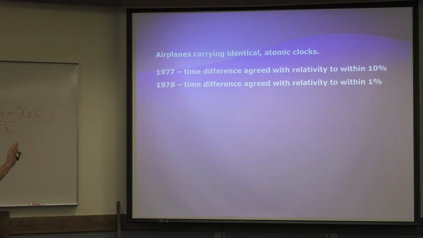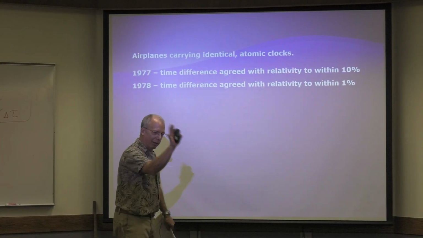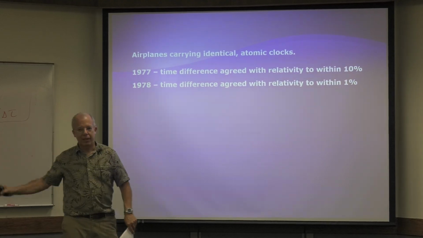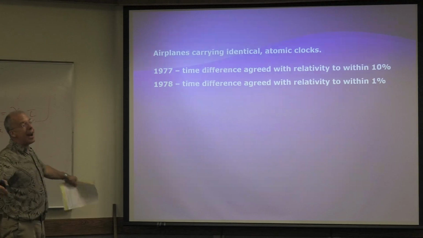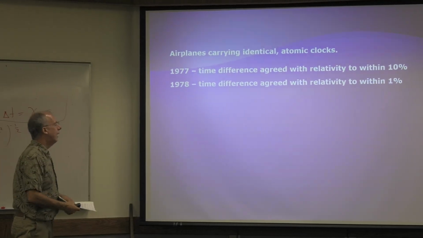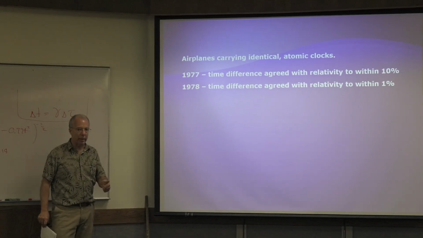All right, so sometimes I teach this, and people say, Brother Weber, muons, pions, you can't see these things, give me a break. I don't believe a word of it. How about airplanes? Okay, so the most accurate and precise clocks are what we call atomic clocks.